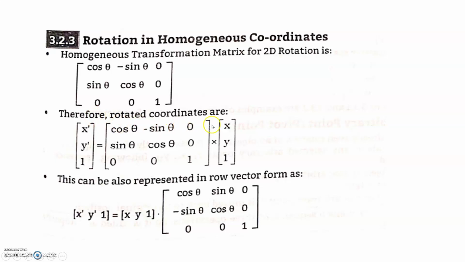Therefore, rotated coordinates are x dash y dash 1 equals cos theta, minus sin theta, 0, sin theta, cos theta, 0, 0 0 1, multiplied by x y 1. This can also be represented in row vector form as given. You need to learn by heart these formulas for scaling, rotation and translation to calculate the further examples.